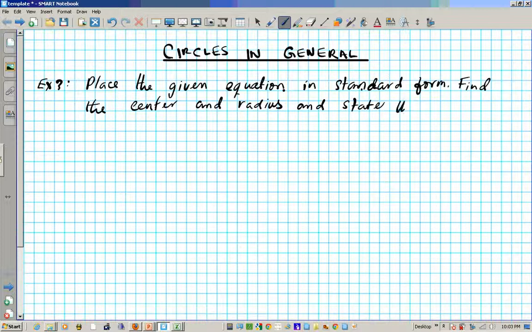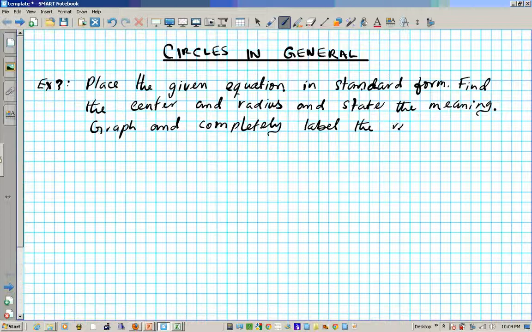And then after doing that, graph and completely label the resultant circle.